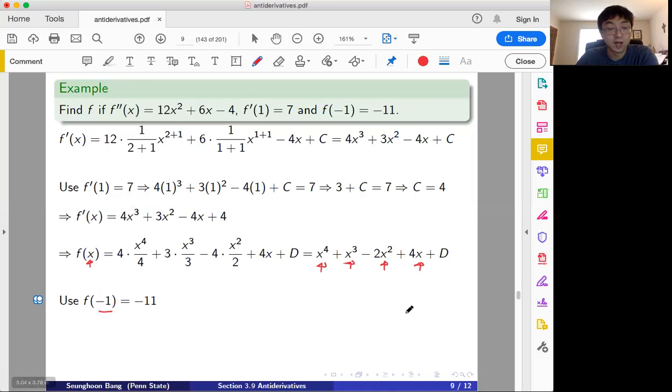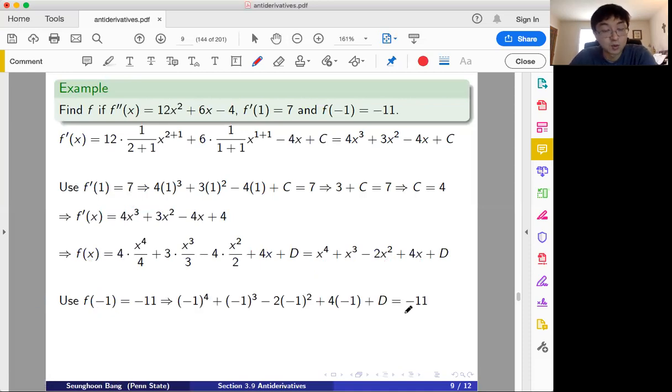So what's that? We have minus 1 to the 4 plus negative 1 cubed, negative 2 times minus 1 squared plus 4 times minus 1. Minus 1 to the 4 is 1. Minus 1 cubed is negative 1. Minus 1 squared is 1. 1 times negative 2 is negative 2. 4 times minus 1 is negative 4.